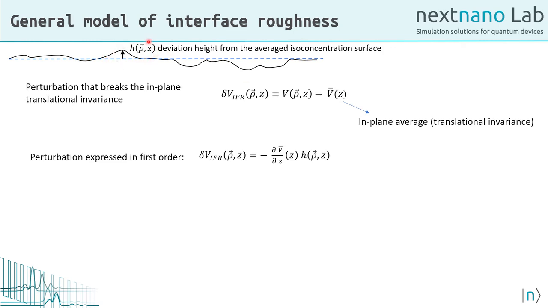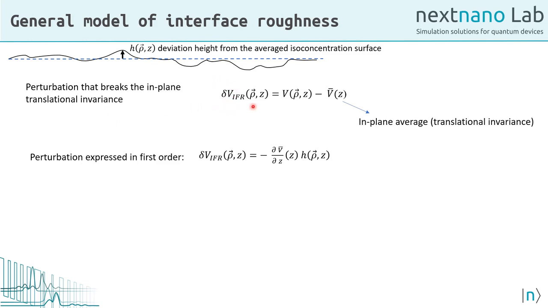As I said, we still consider this deviation height h from the average isoconcentration surface, except that now this h can be defined from any isoconcentration surface and not only from the interface. And what we want is to express the perturbation that breaks the in-plane translational invariance.